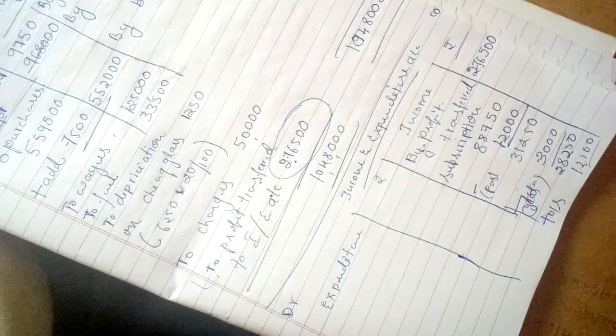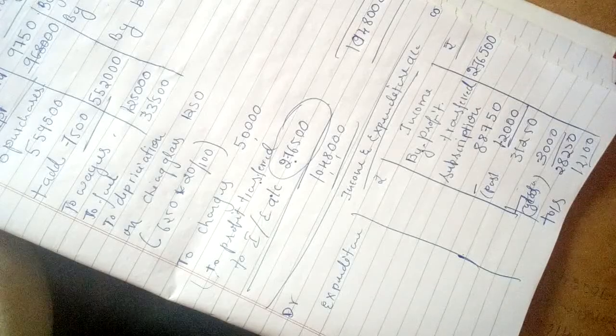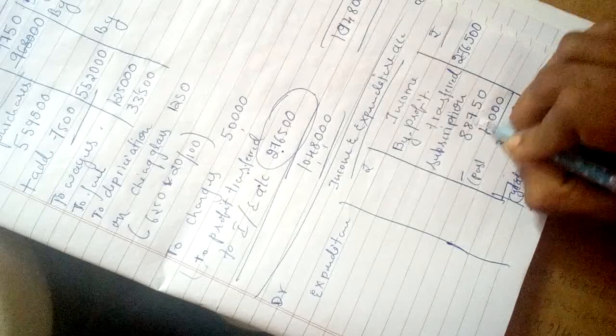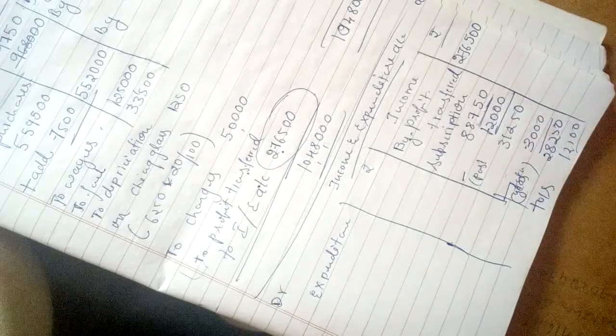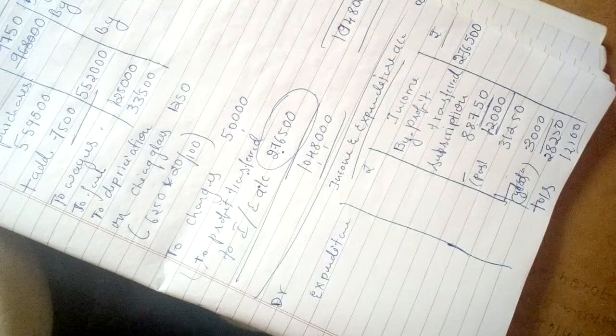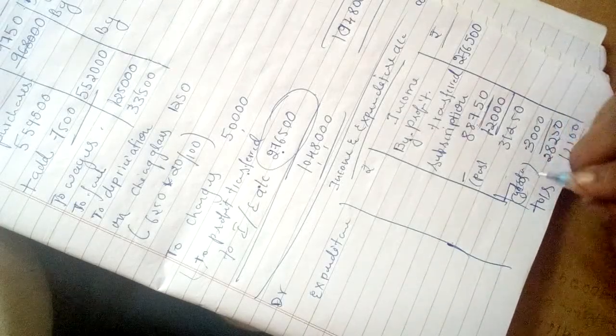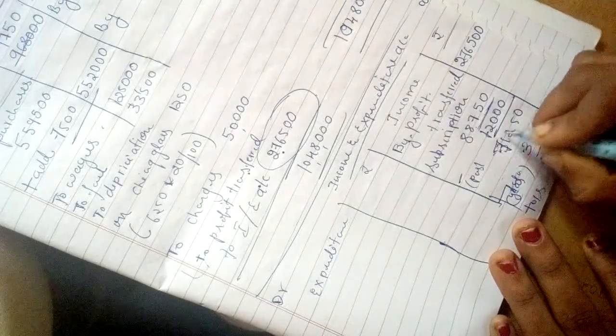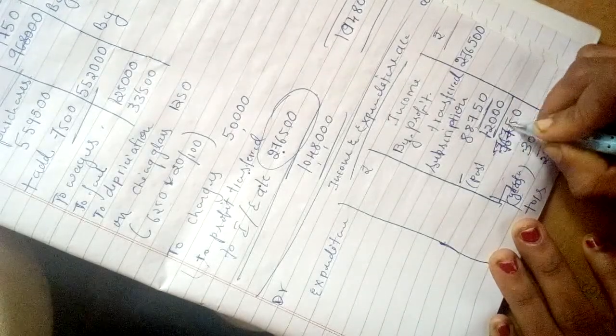Understood, right? See, 88,750 is the subscription amount they have given. So we need to deduct the past outstanding 12,000. Sorry, there was a calculation mistake. It is 76,750.